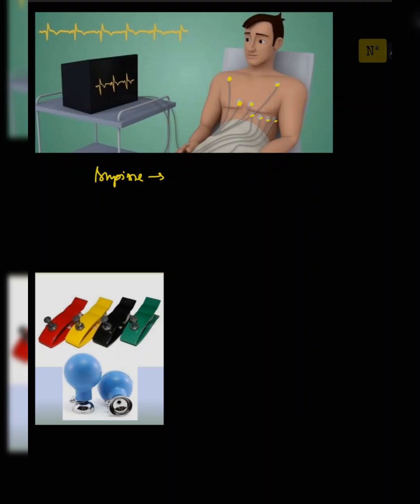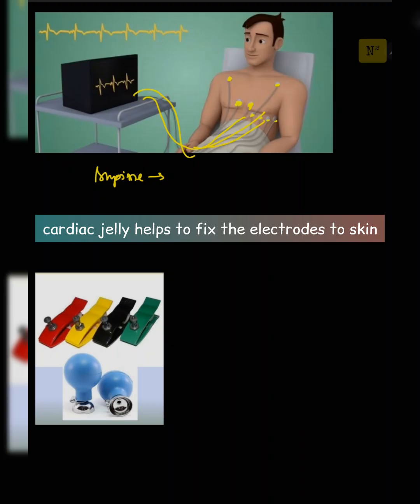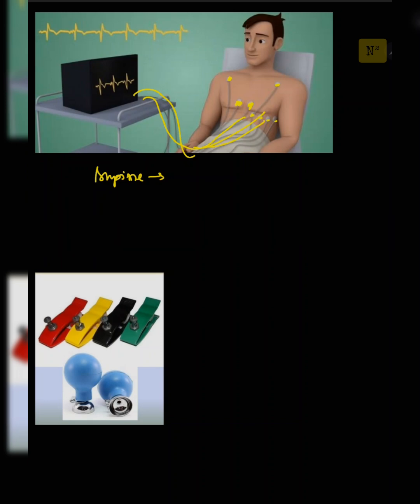You see some wires coming from the machine, and they are placed with the help of some glue-like material attached at the end of the wire. The wires look different, and we place them on the chest. This is a schematic diagram of how we record the electrocardiogram.